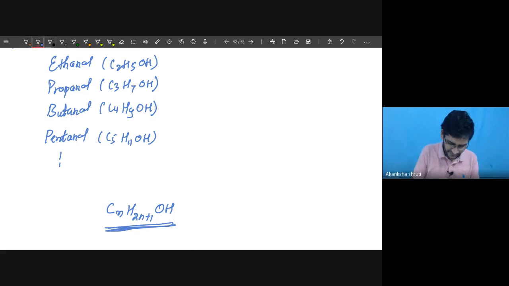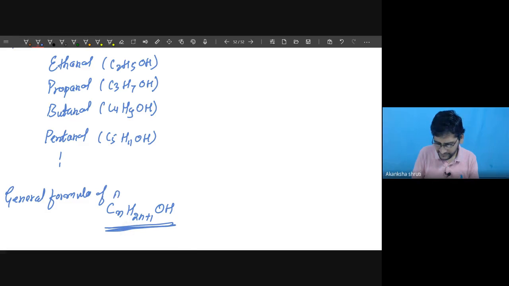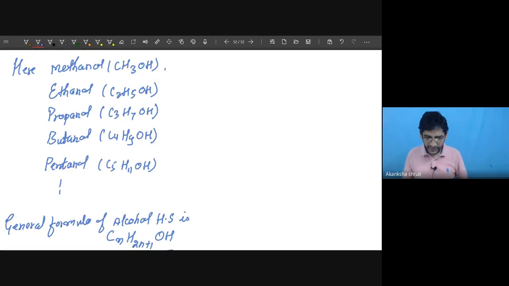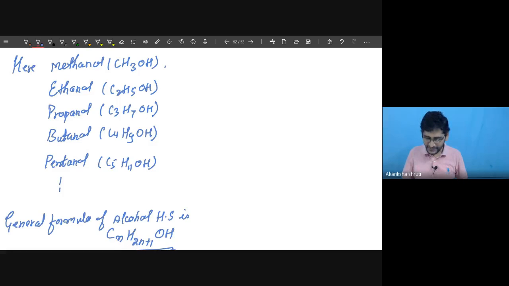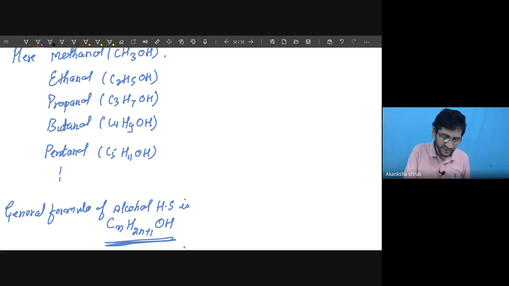So the general formula of the alcohol homologous series is this one. This way, what we are observing is that a homologous series can be expressed in terms of its general formula. It was also asked once, what is the general formula for the alcohol homologous series?